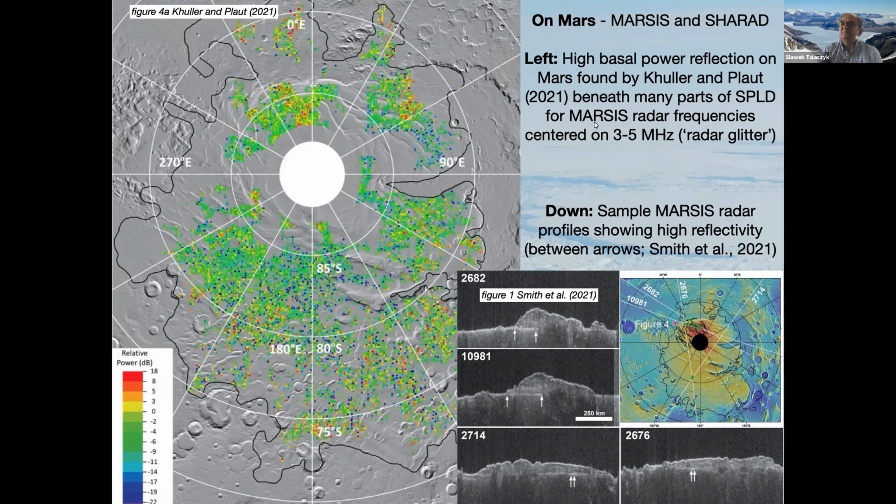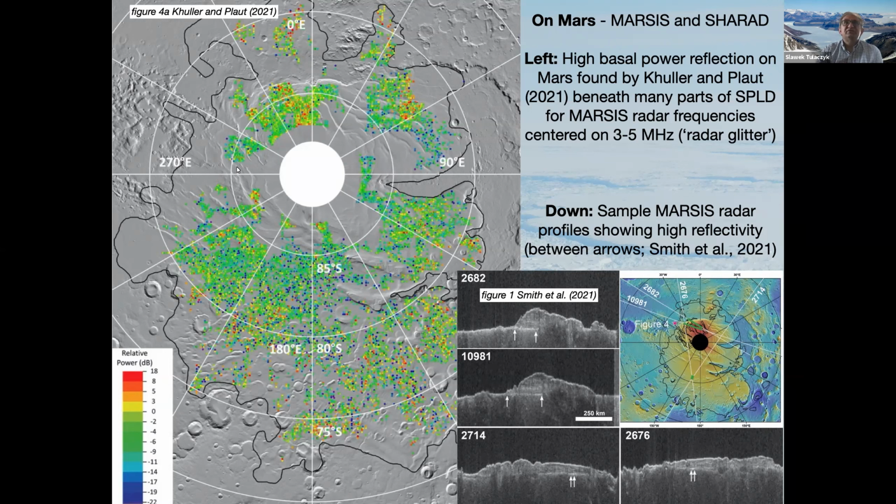And there's been actually a sequence within the last few months of 3 papers published by GRL on this issue of subglacial lakes and bed reflectivity on Mars, including this paper by Khuller and Plaut, where they basically systematically, rather than focusing on any specific high reflectivity anomaly, have mapped out the bed reflectivity.